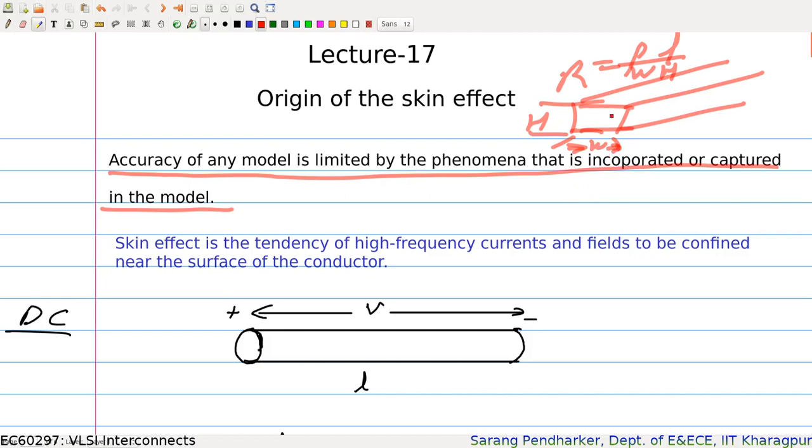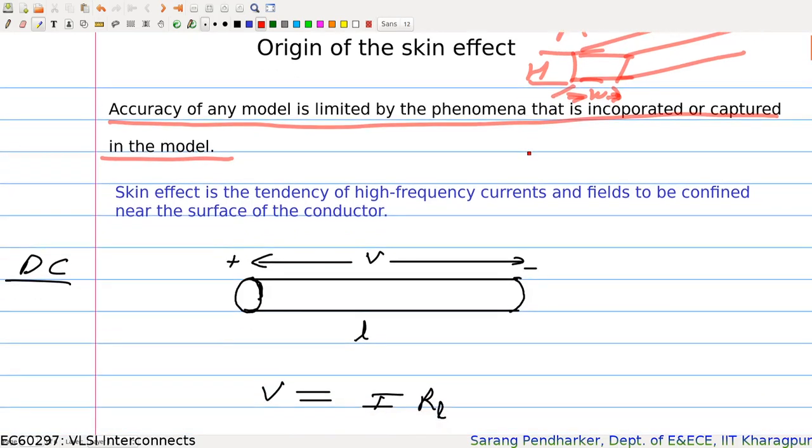So we had assumed in this model that my entire cross section is available for carrying current in this interconnect. But again, this model does not incorporate all of the physics that goes on, and that is what we will be discussing in this lecture and the subsequent 2 lectures.